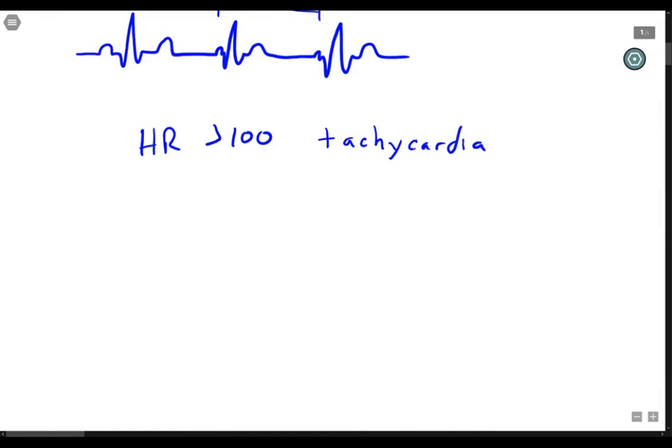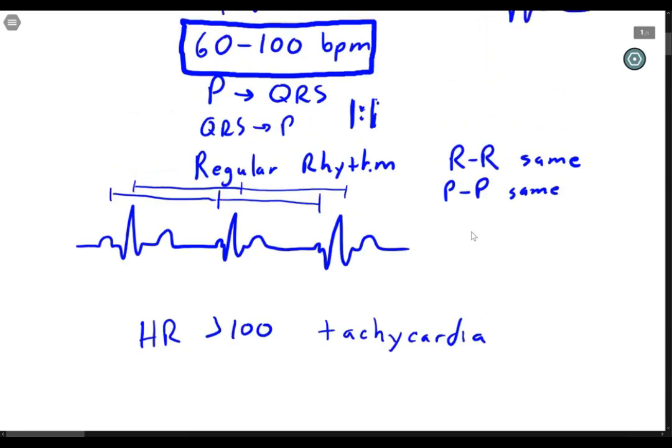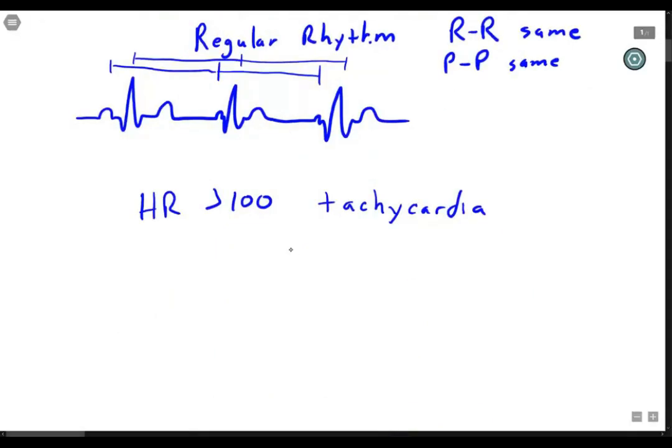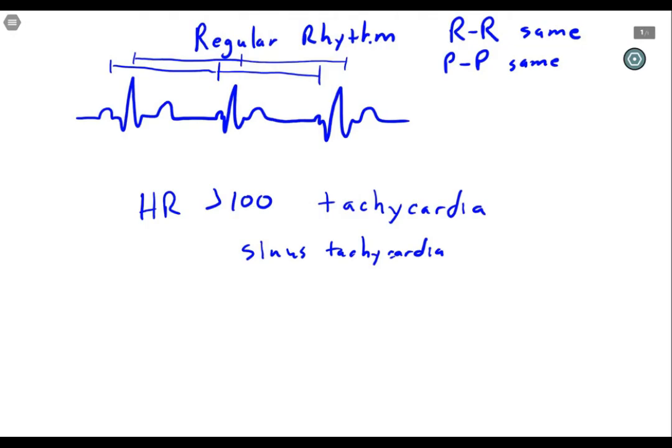Now, if all these other criteria hold true, we could call this a sinus tachycardia. We have other types of tachycardia though, but if everything holds true, it may be a sinus tachycardia.